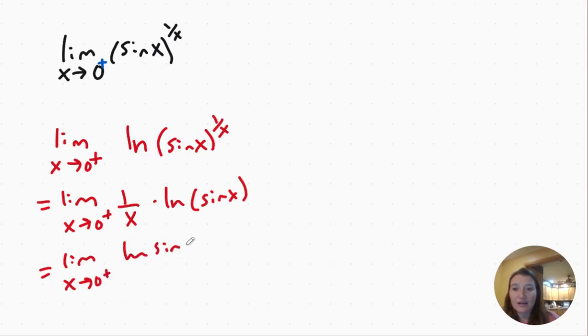Natural log of sine x over x. Sine of 0 is 0, that goes to negative infinity. x goes to 0. Infinity over 0 actually is infinity. This is going to be a negative infinity. So my answer here will be e to the negative infinity, which is 0.